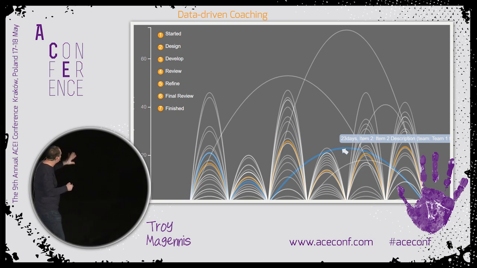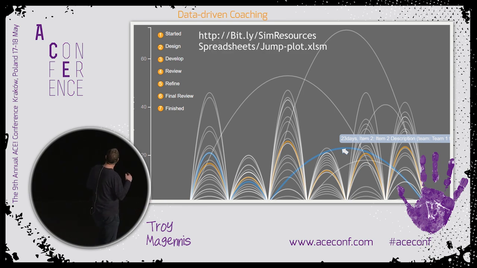So this type of chart shows data in context of other work that's similar to this piece of work, because you can filter by different types of work, but it also rapidly helps you spot abnormal. It's called a jump plot, and if you download this spreadsheet and you have start date, finish date, and type, those three values again, you can generate this for your data.